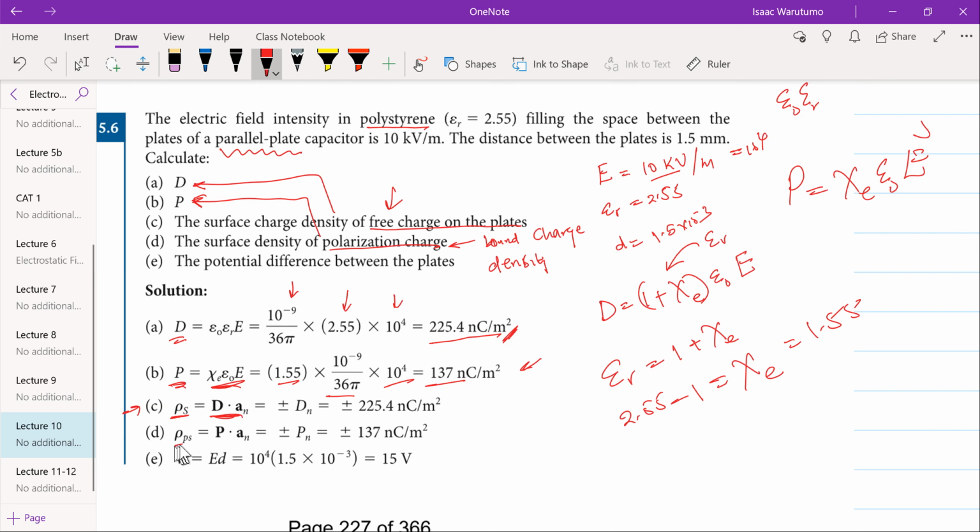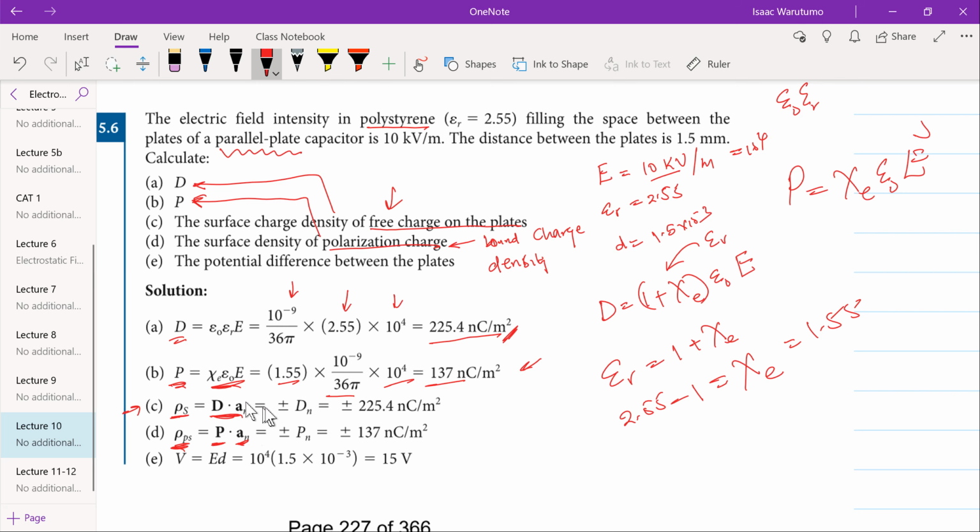And again, the surface charge density due to the polarization charges is arising due to the polarization vector that develops, and the dot product to the unit normal vector again pointing normal to the surface of the plates.